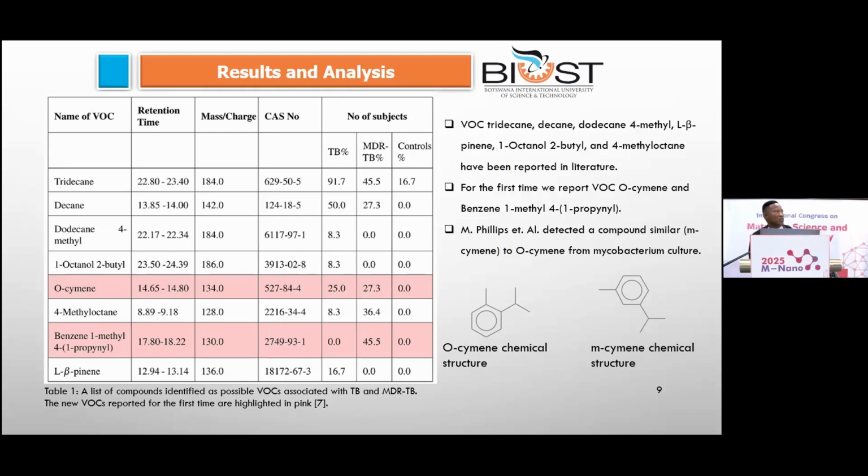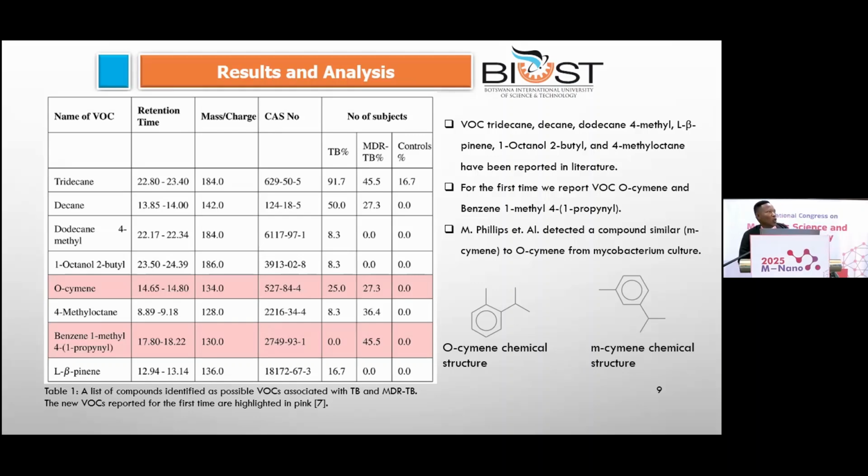Note that m-cyanamide, which has a similar structure as o-cyanamide, was reported by Michael Phillips in a study from Mycobacterium culture. Note that Mycobacterium is the bacteria that causes TB. For us, we found it in TB patients, which means that the o-cyanamide is due to the presence of Mycobacterium in the body.